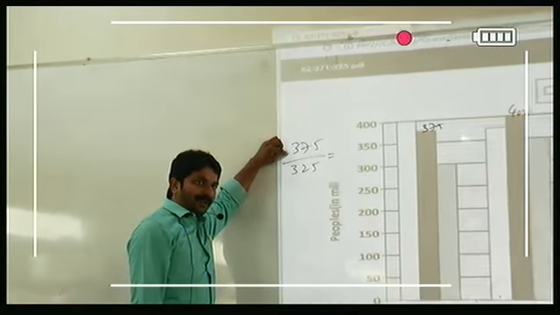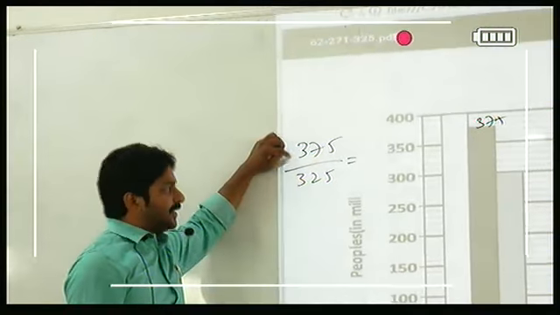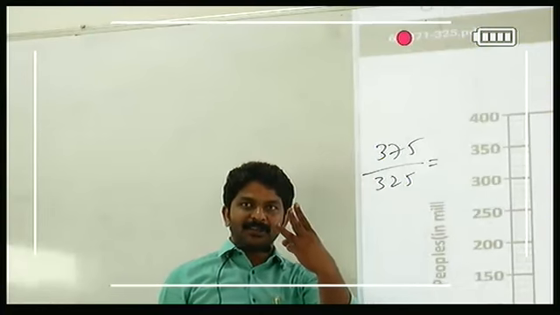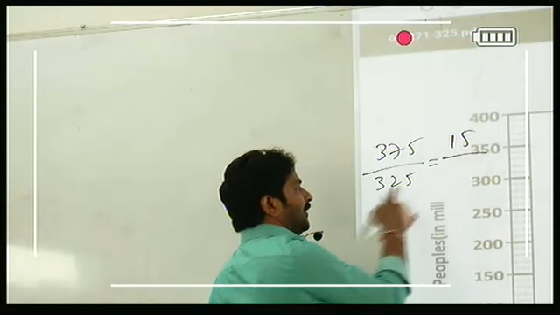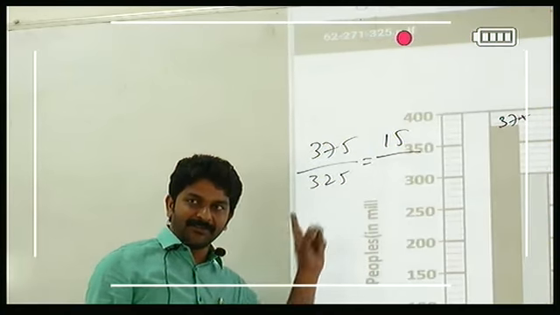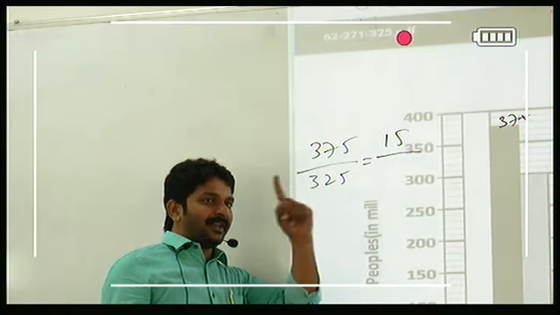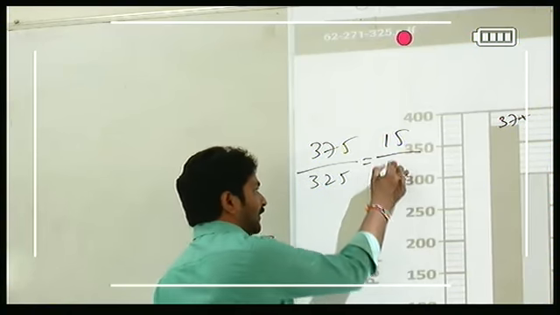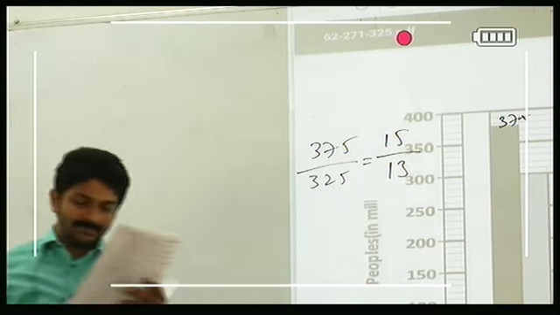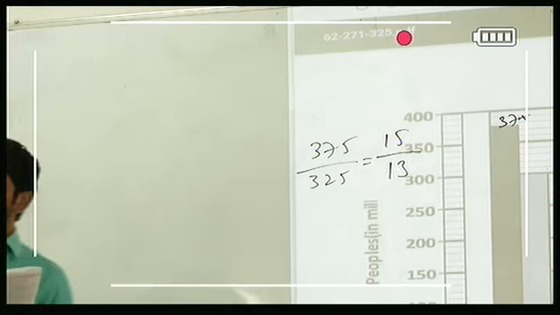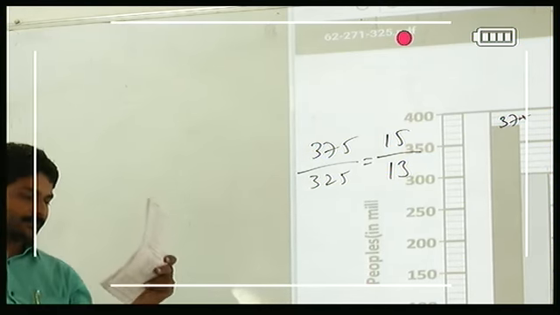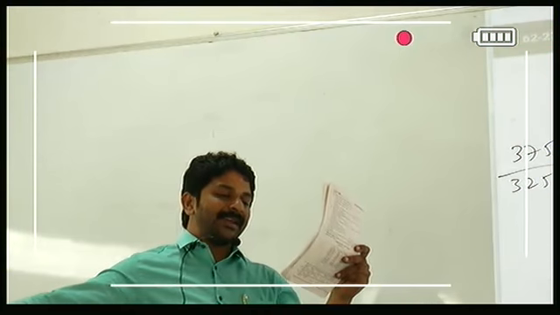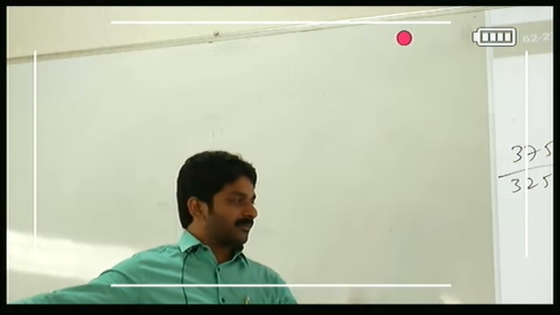In 300 you'll have 12 25s, in 75 you have 3 more 25s. 12 plus 3, 15. In 325 you'll have 12 25s, and in the extra 25 you have one more 25. Total 13. 15 by 13. Second option. Next, how many people have preferred to play cricket in all the years together?